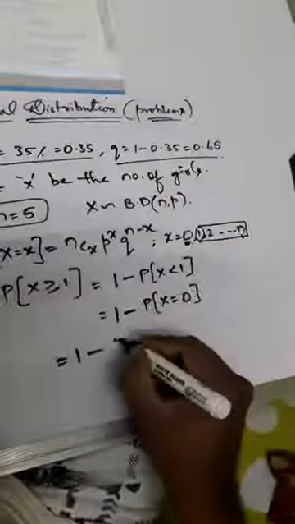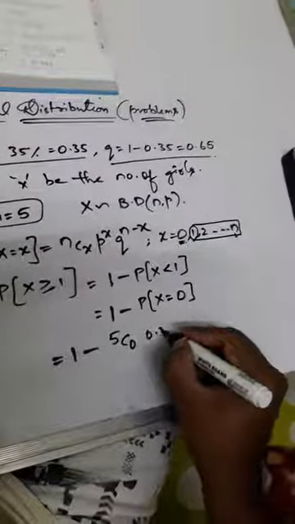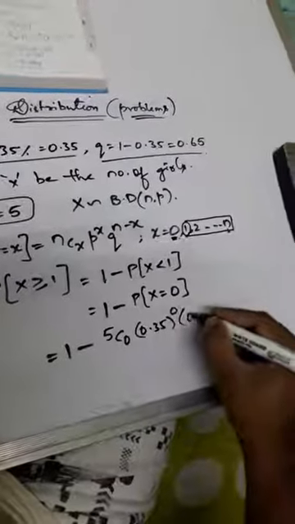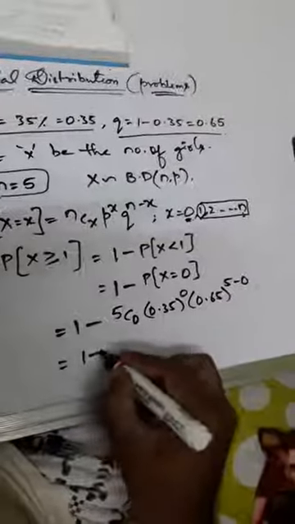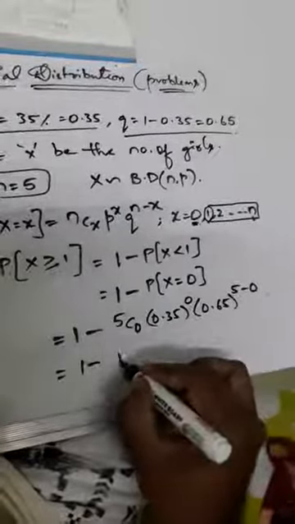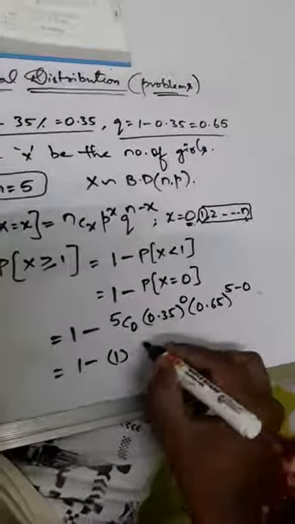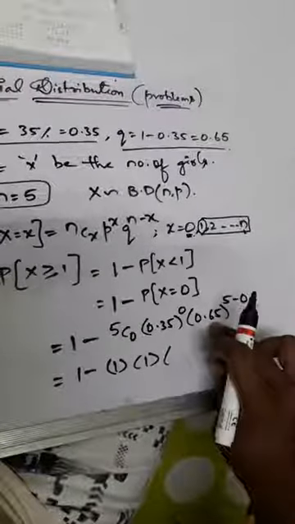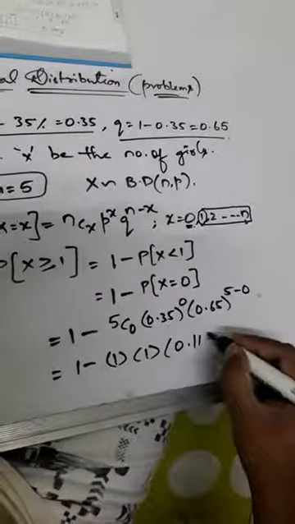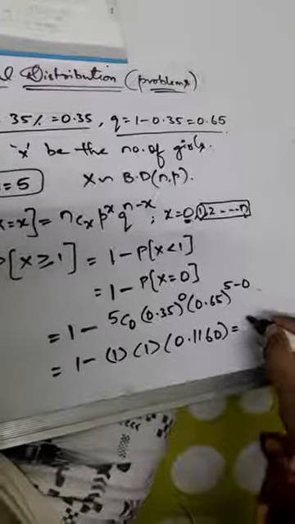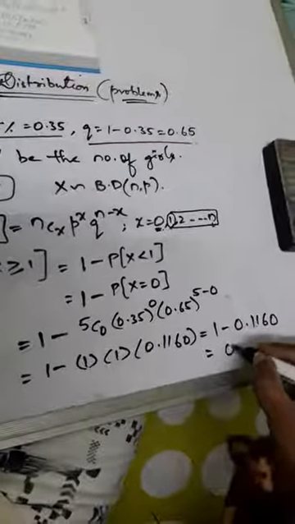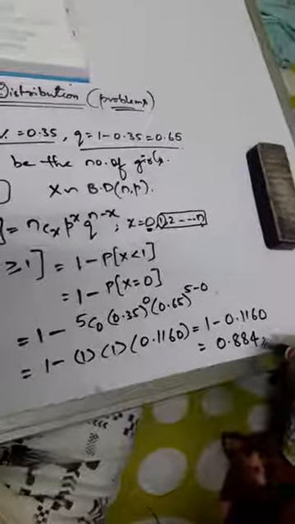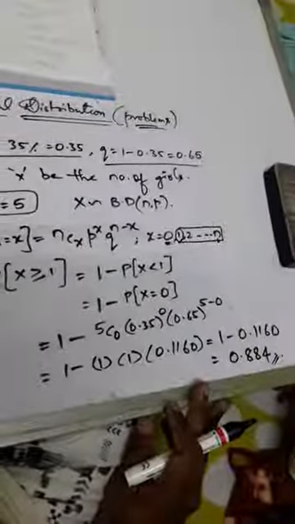Substitute the PMF form here: 1 minus 5C0, 0.35 whole power 0, 0.65 whole power 5 minus 0. 5C0 is 1, anything power 0 is 1, and 0.65 whole power 5 is 0.1160. Use the calculator, children. 1 minus 0.1160 equals 0.884. So this is the second sub-question answer.